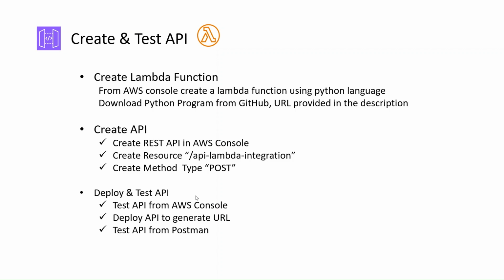Next, deploy and test API. Before deploying the API, let's test it from the AWS console. Once it is successfully done, we will deploy the API to generate the URL and test it from Postman. Now, let's log into the AWS console and do the hands-on demo.